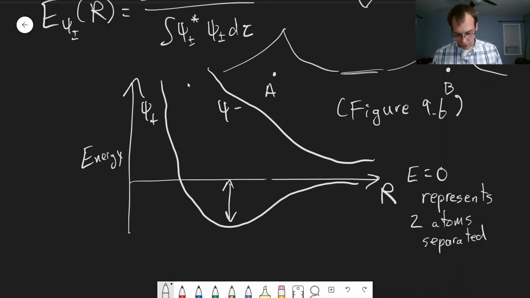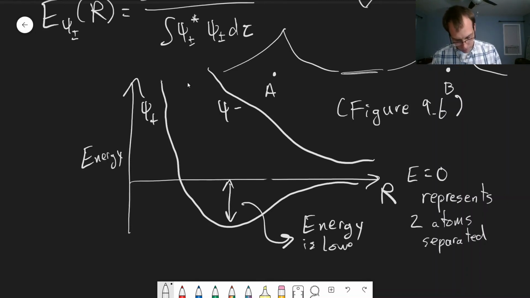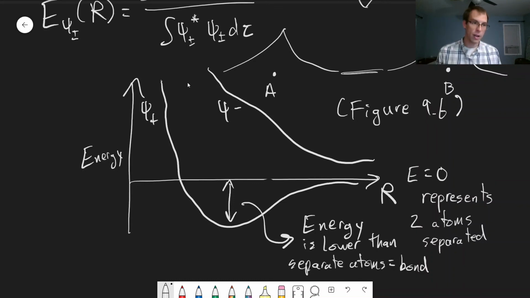The key point here is that we have an energy that is below the energy of the atoms separated. We formed a bond. The energy is lower than separate atoms, and this is a bond. The psi minus wave function's energy is always higher than the separated atoms.